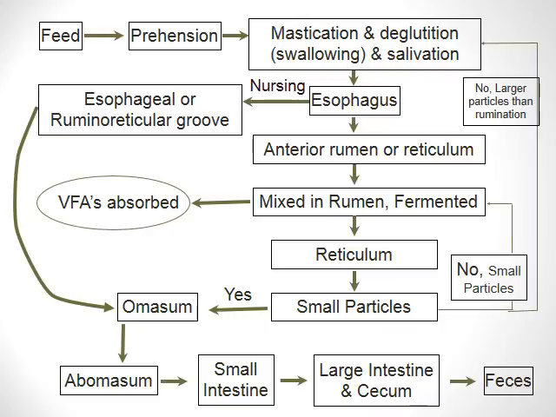Now, if these animals are more mature, the food is going to be passed from the esophagus into the anterior rumen, or the reticulum, which is essentially a pouch that's attached to the rumen. There, the food is mixed. The microorganisms, the bacteria, fungi, and the protozoa really break down those cell contents and the cell wall contents and ultimately produce volatile fatty acids.